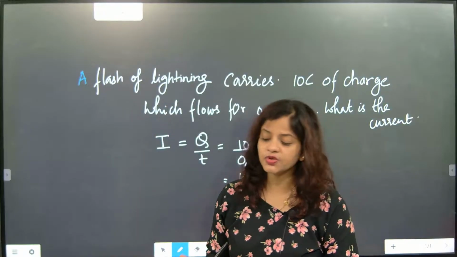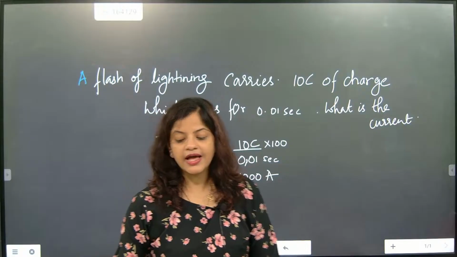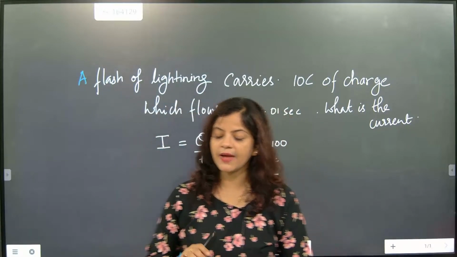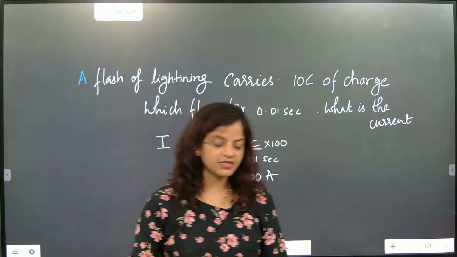We'll go for the next question, please. Yes, I equals Q by T, and it comes to 1000 ampere. Absolutely, I equals Q by T is the correct formula.